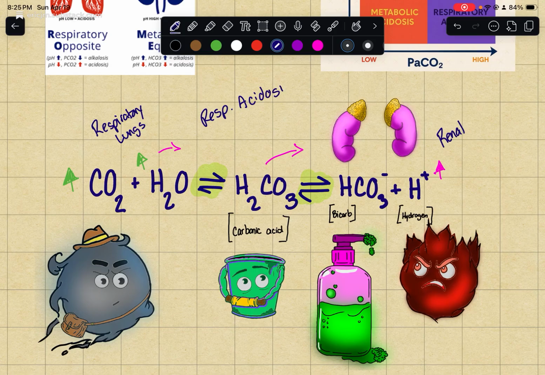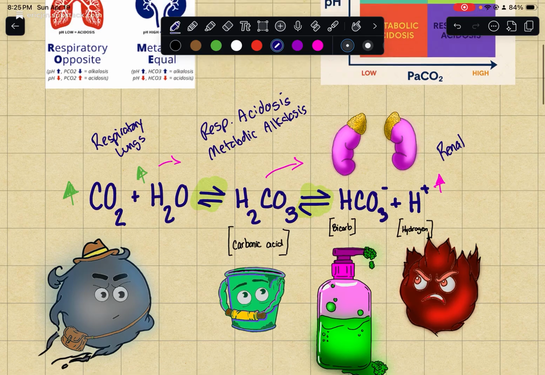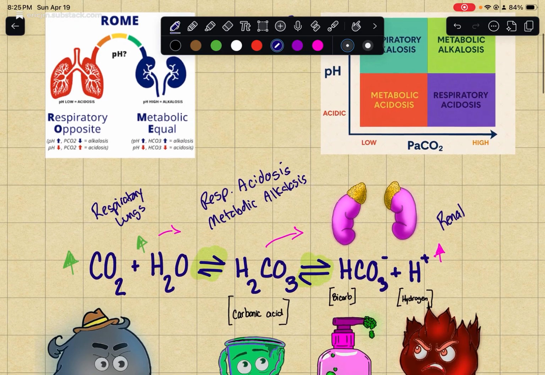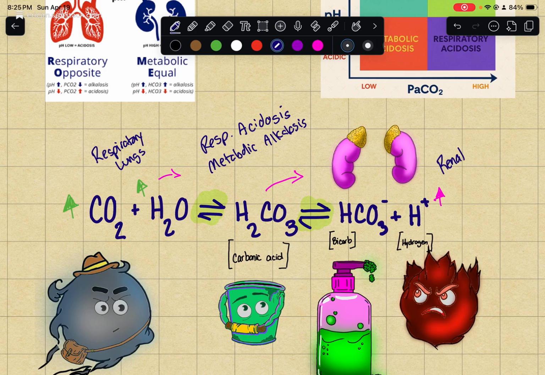So if we end up with respiratory acidosis, one of the ways that the body is going to compensate for that is through metabolic alkalosis. So the exact opposite. And that ends up becoming more of an issue when we start dealing with that reaction that goes too far heavy on the right side.